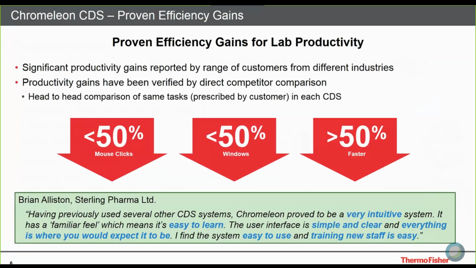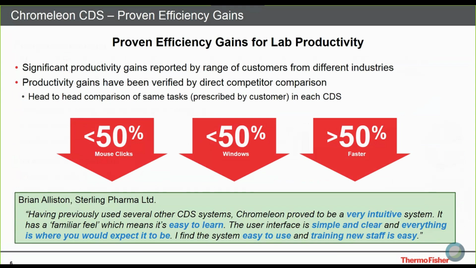And this is a slide where we have tested Chromeleon against other data systems. And through a very scientific study, of course, we can offer 50% fewer mouse clicks, 50% fewer windows that you have to negotiate, which results in a 50% faster analysis time. It's a coincidence that these are all 50-50-50.